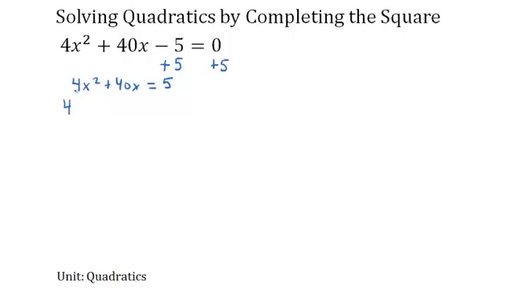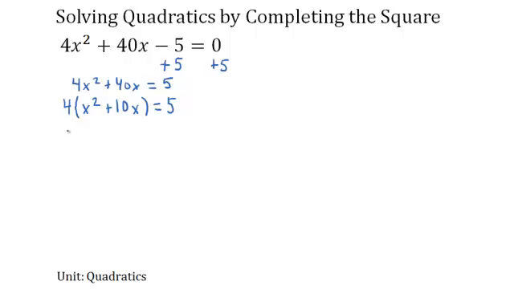Thankfully, in this example, 4 is a factor of both terms. But even if it wasn't, we would still have to factor it out. So factoring out is division. 4 divided by 4 is 1. 1x squared can be written just as x squared. 40 divided by 4 is 10. So we get 10x. And this still equals 5.